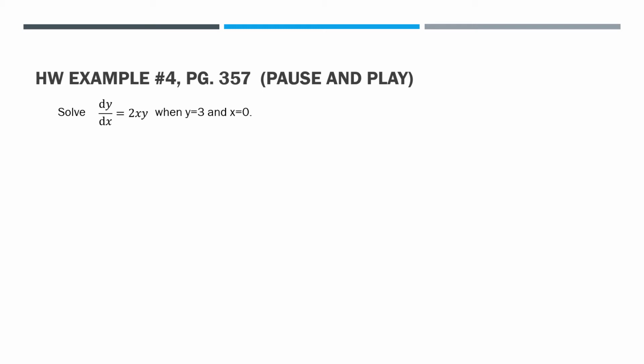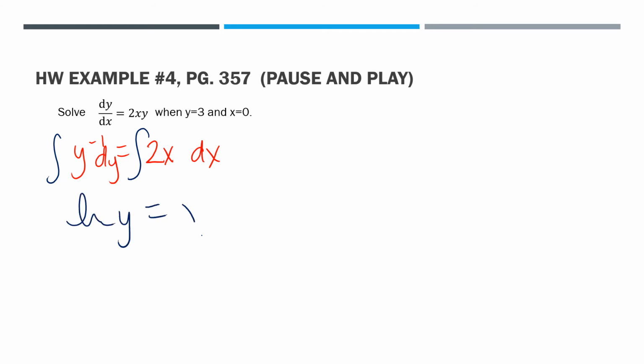Okay, so we're going to start this one out by moving dy, and then we have 2x dx. And when we integrate both sides, this is like 1 over y, and the integral of 1 over y is natural log of y equals x squared.